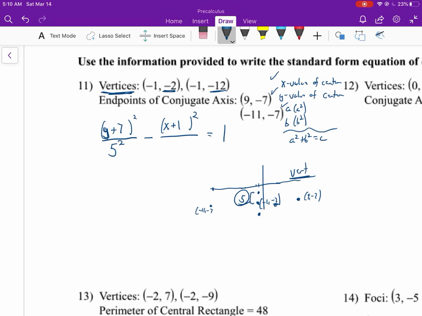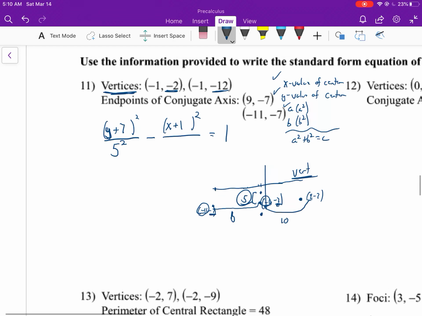These are the endpoints of the conjugate axis, which means the distance from the center to the endpoints of the conjugate axis is b. They're both that y value of -7, so what's the distance from -1 to -11? That's 10. To check that, what's the distance from -1 to 9? That's also 10. So b equals 10, which means 10 squared goes here.